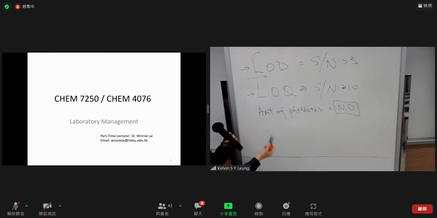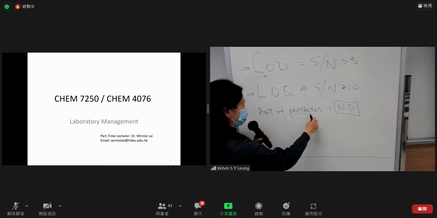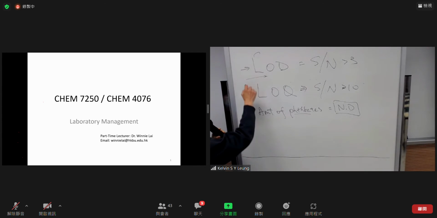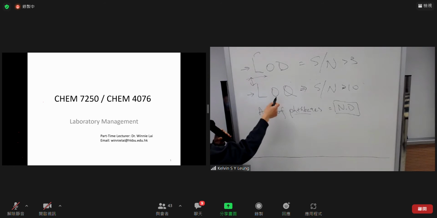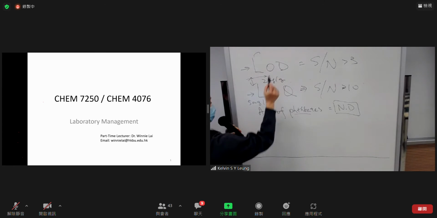So if your samples contain some phthalates in between the level of LOD and LOQ, let's say the LOQ of that laboratory for that particular method is, just as an example, 5 milligram per gram, and the LOD is 2 milligram per gram.